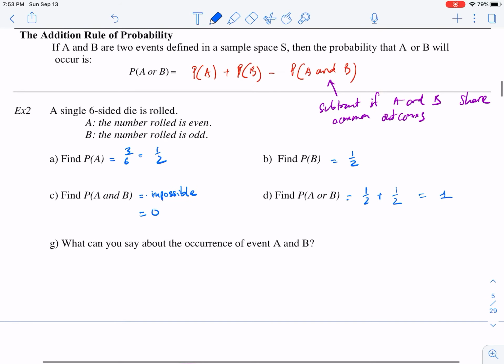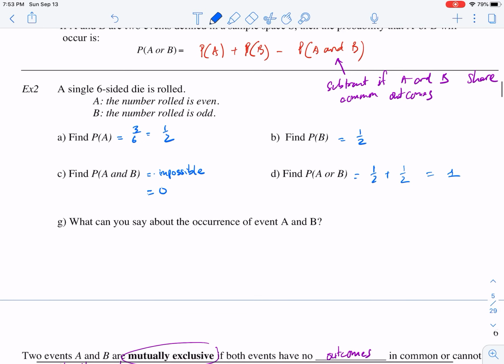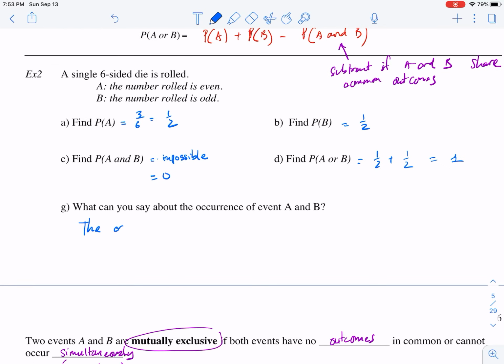Okay. G, what can we say about the occurrence of events A and B? We say that the occurrence of events A and B cannot happen or occur at the same time.